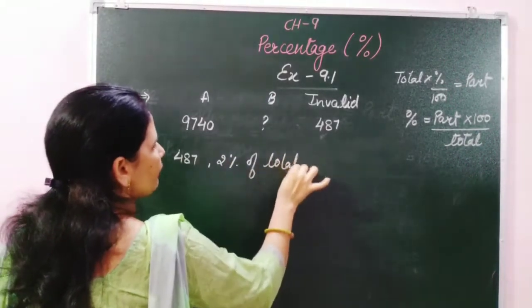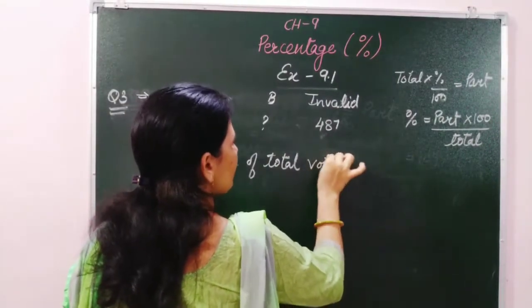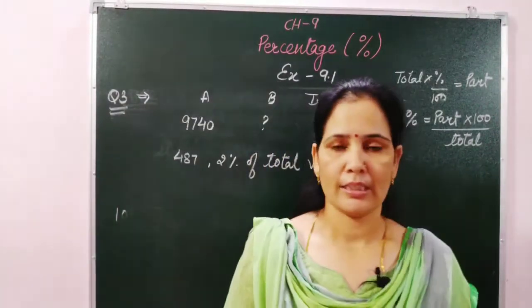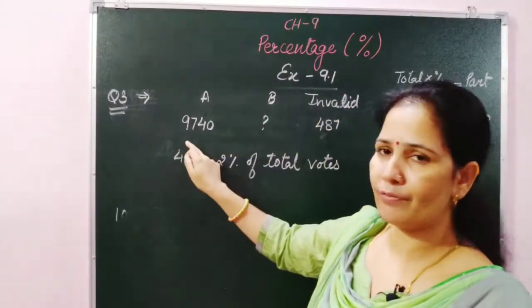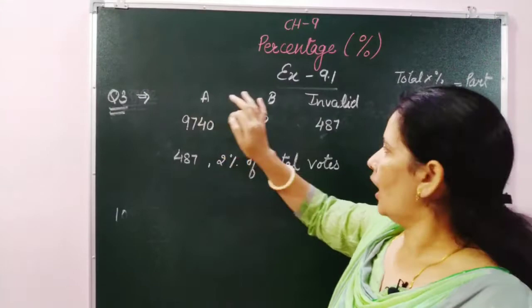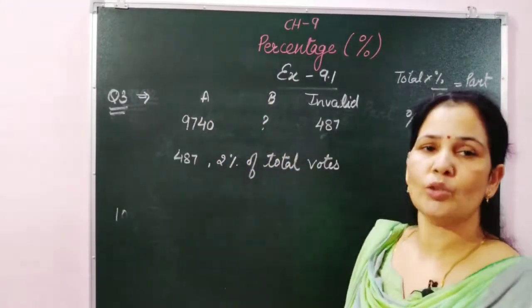This is the main thing, and from here only we will start to solve our question. Then after that we find the percentage of A, how much B secured, and what the total votes are.